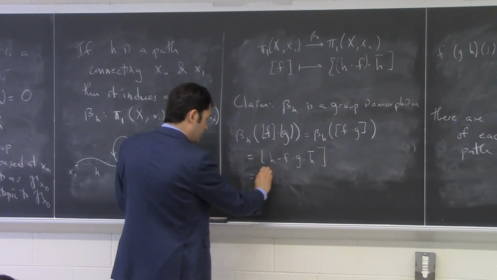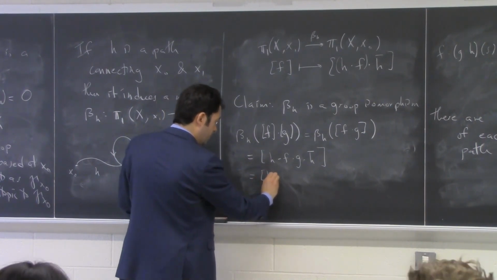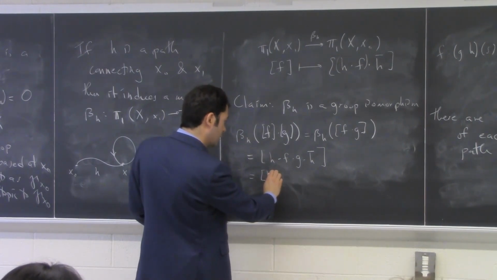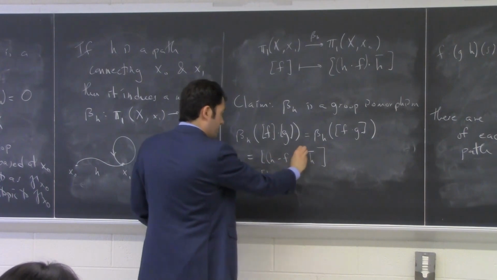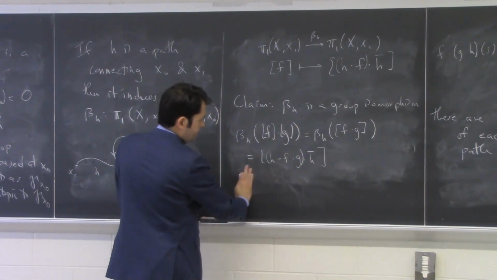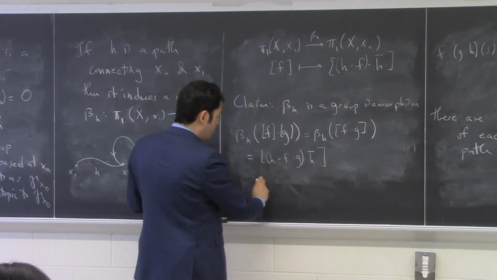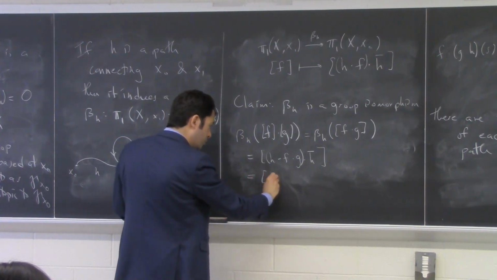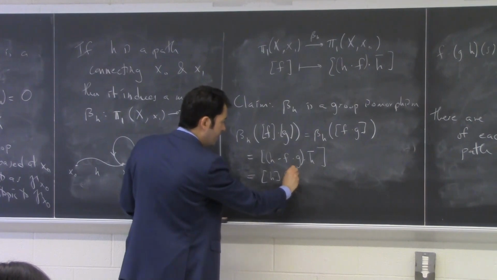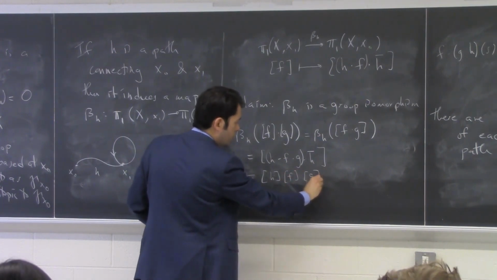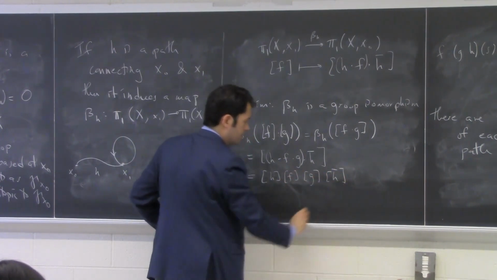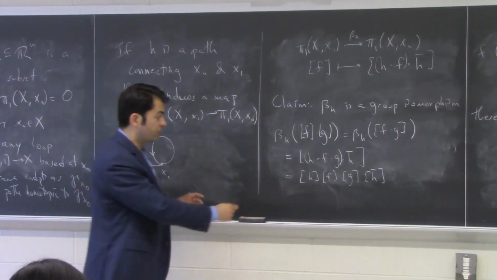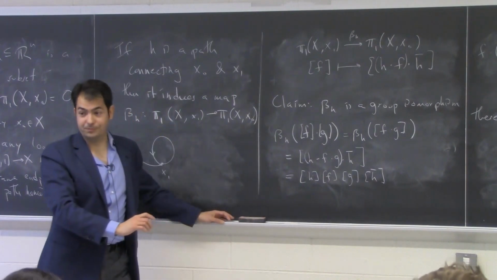So within the fundamental groupoid, I can separate these out into the individual paths, and here it's associative, so I don't have to worry about parentheses.